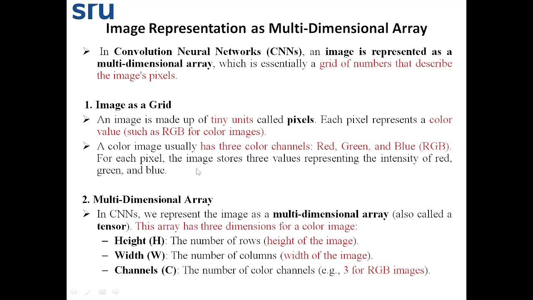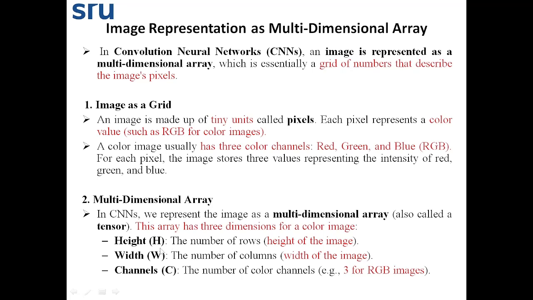In each pixel, the image stores three values representing the intensity of red, green and blue. After this we have the multi-dimensional array. In a convolutional neural network, the image is represented as a multi-dimensional array, and this is called a tensor. This array has three dimensions for a color image.